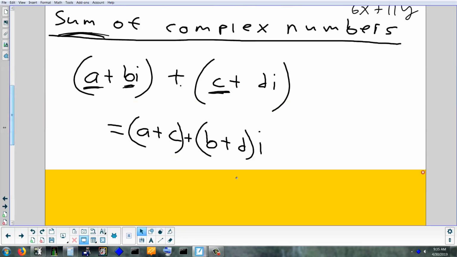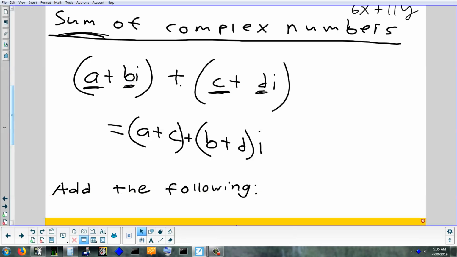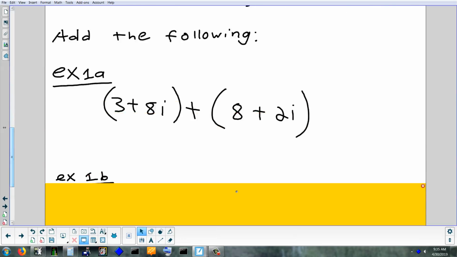Now, take the number for B, take the number for D, add them together, but you've got to put an i next to it so the person reading it knows that that's the imaginary part. B is imaginary, D is imaginary. Add them together and put the i to remind me, yeah, they're imaginary. And that's it. That's how you add complex numbers. So it's just like combining like terms. So let's look at this.